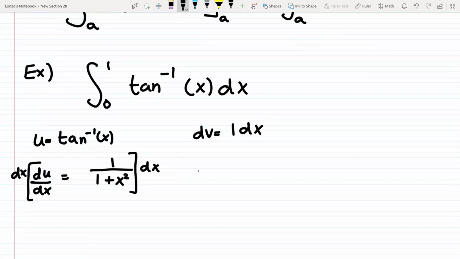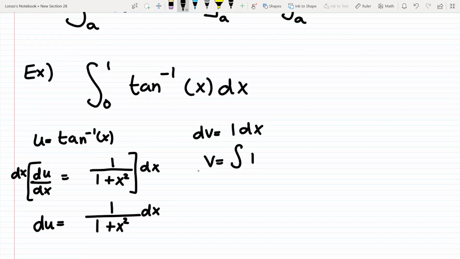On the left it's just du, and on the right it's 1 over 1 plus x squared dx. So that is my du. Now let's find our v. You just take the integration of dv. What's the integration of 1 dx? That is just x.